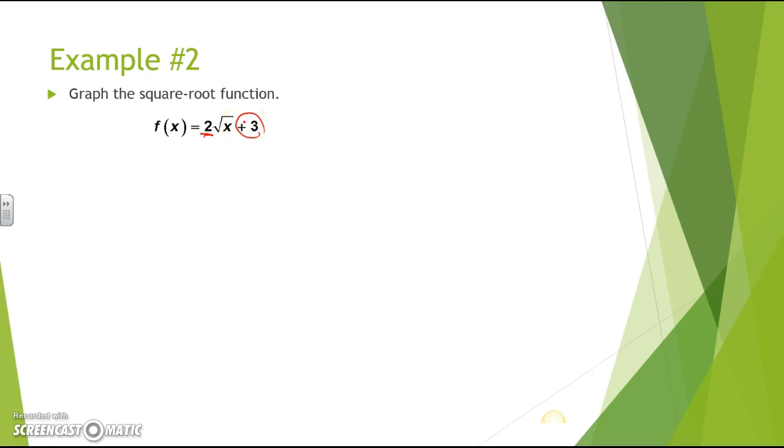In this particular situation, actually, it's going to be moving up vertically, because of this plus 3 right here. So we can say it moves vertically. So let's go through the steps to graph this.